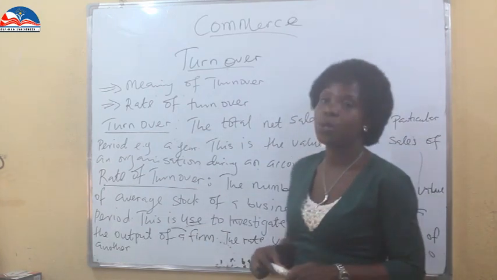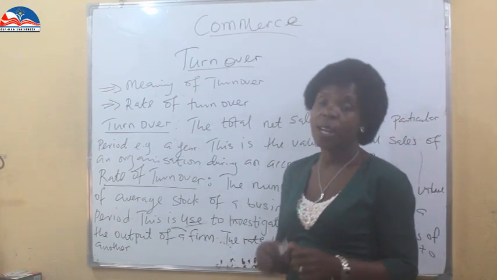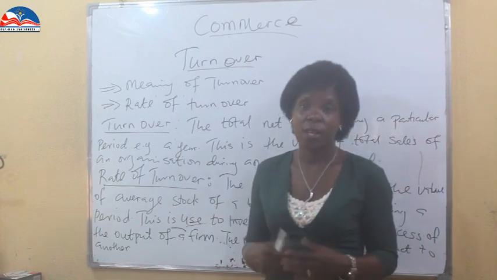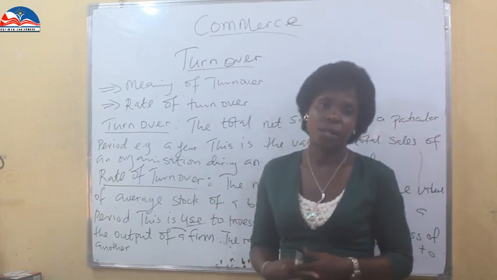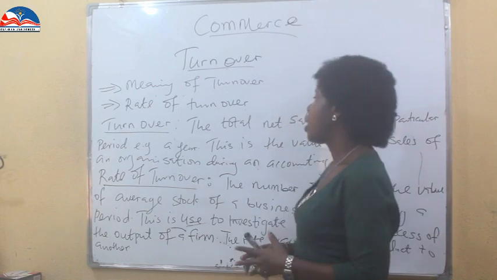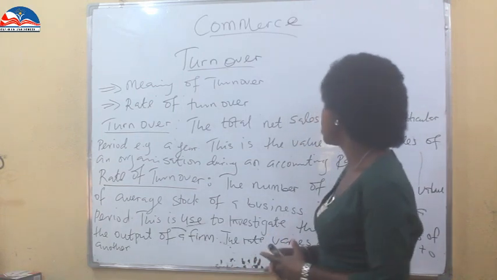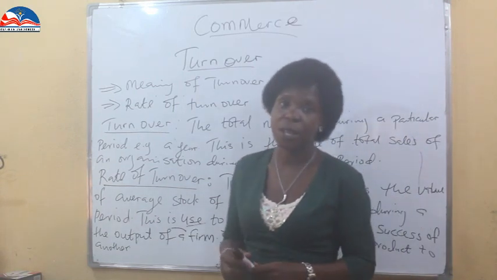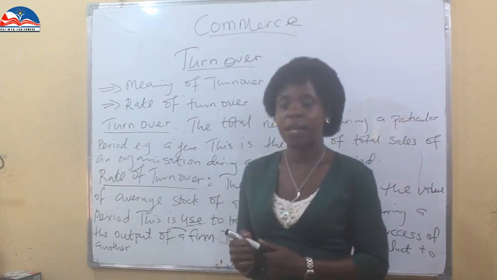Every day we hear the word turnover. Or in our businesses, we hear turnover in business. What does it mean? Turnover in business has to do with the total net sales over a period of time. What do I mean by total net sales?